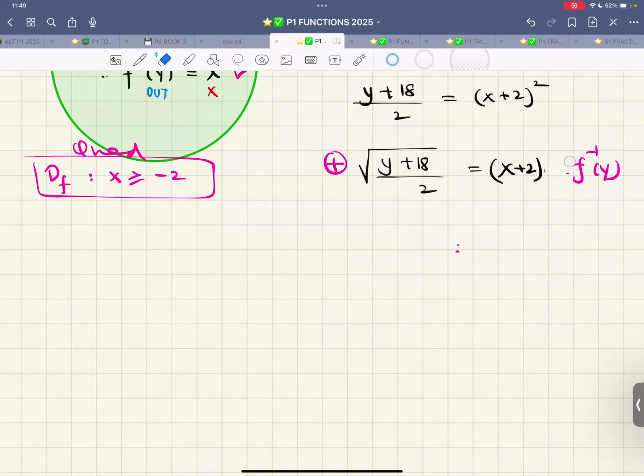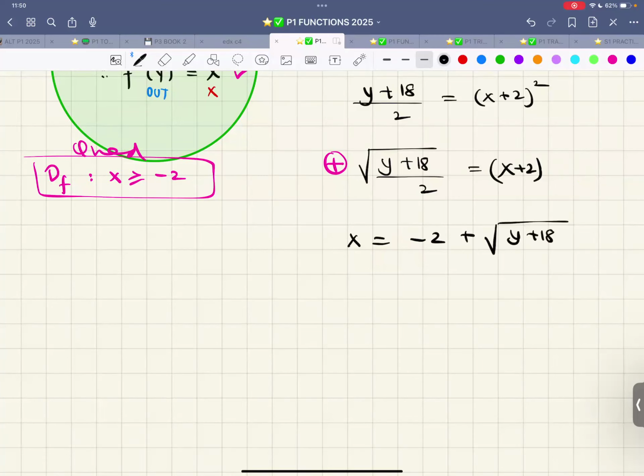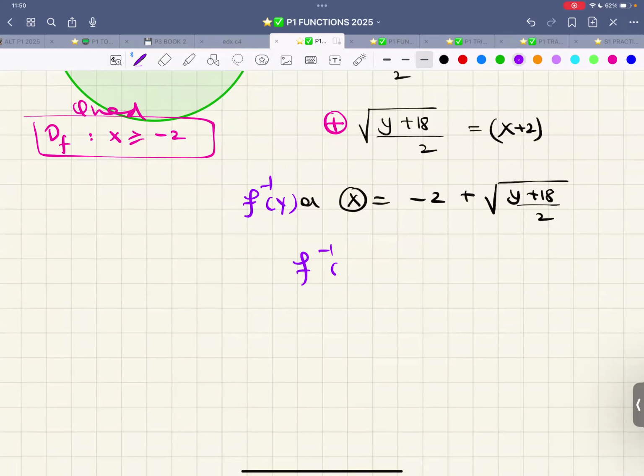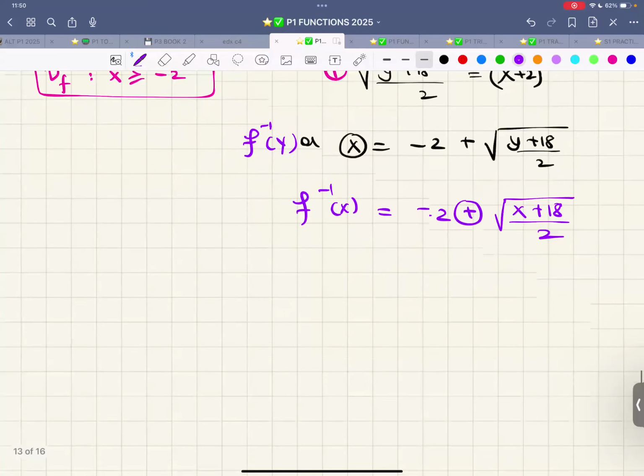So this x plus 2 is this thing. Let me make x the subject, that is negative 2 plus square root of (y plus 18) divided by 2. Now, what is x equal to? x equals f inverse of y. So in other words, change the variable. f inverse of x equals minus 2 plus square root of (x plus 18) divided by 2. And there is a plus sign over here.